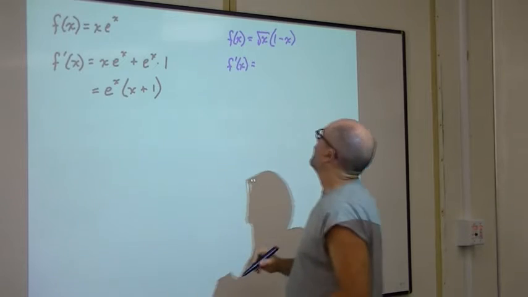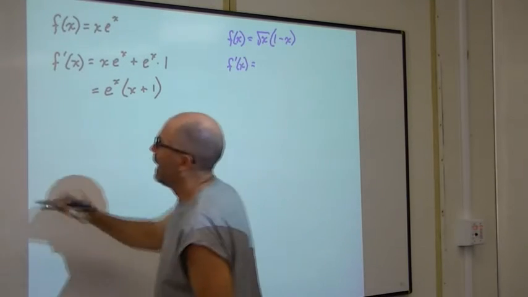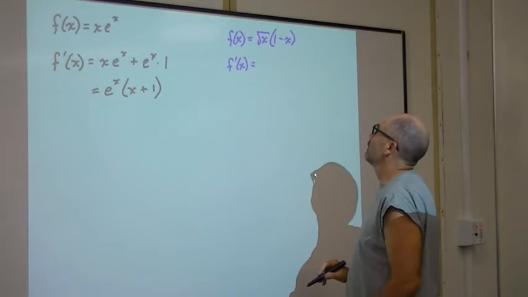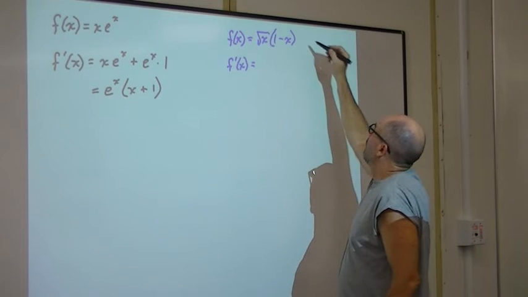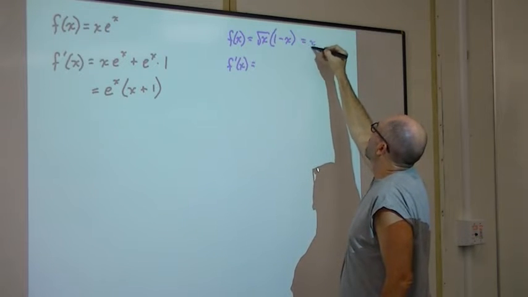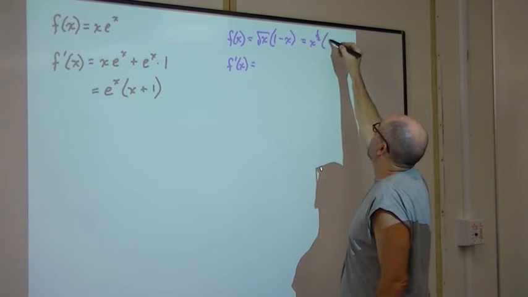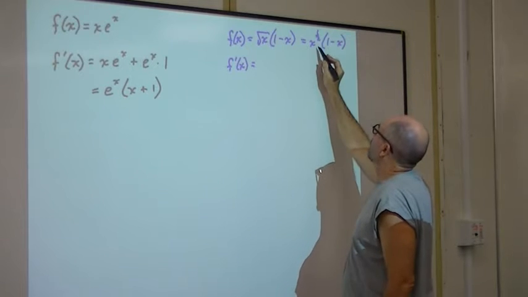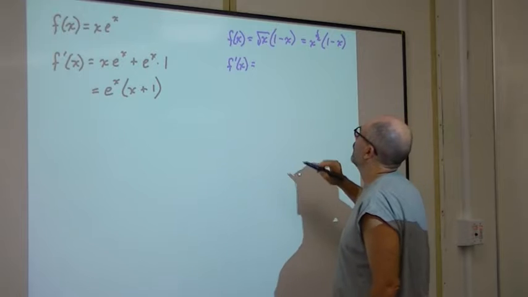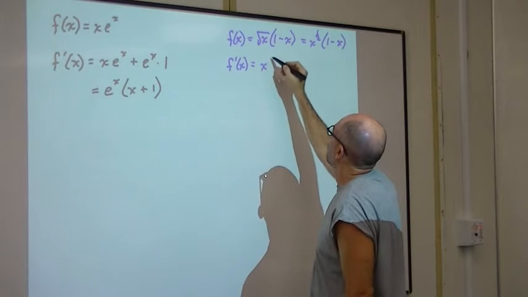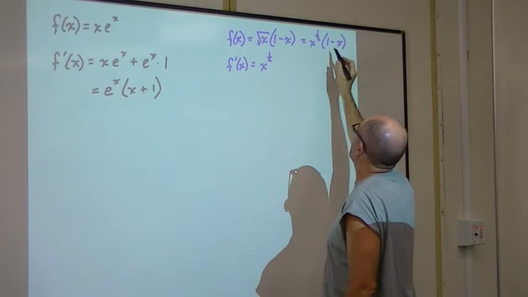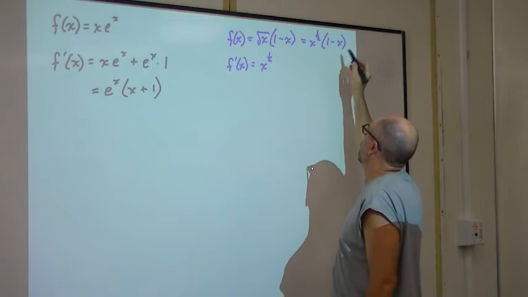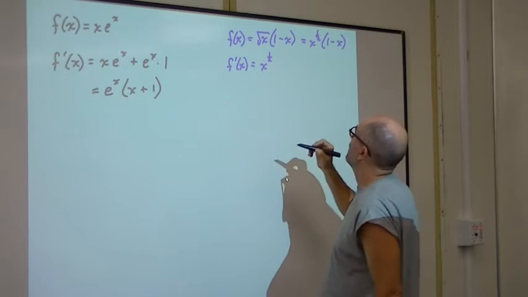All right. Now, let's try another one. F of x equals the square root of x times 1 minus x. So, this really equals x to the 1/2 times 1 minus x. All right, so if I go first times the derivative of the second, the derivative of 1 minus x: well, derivative of 1 is 0, and derivative of minus x is negative 1.